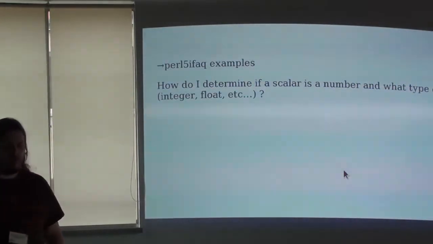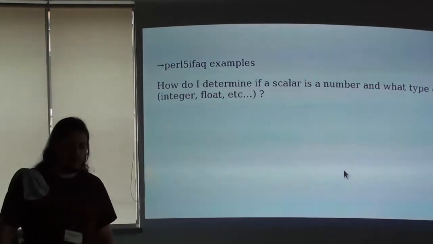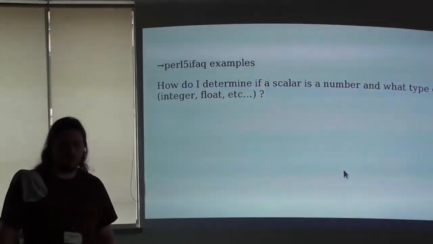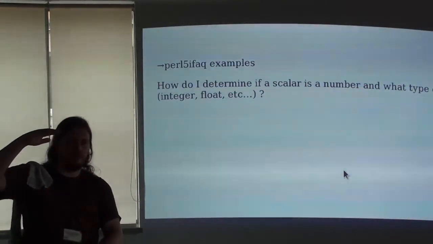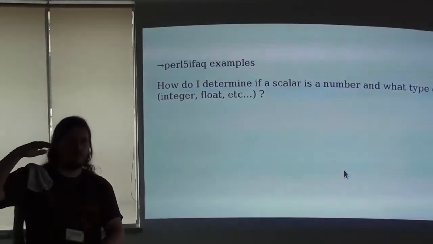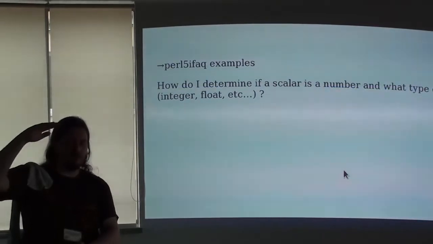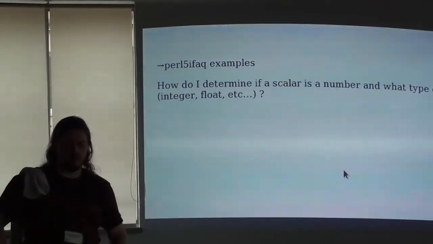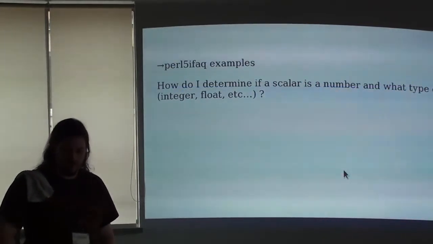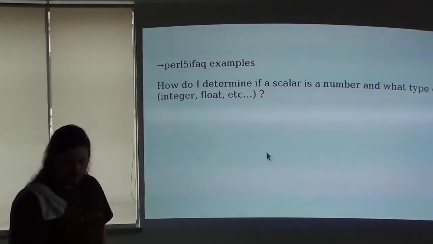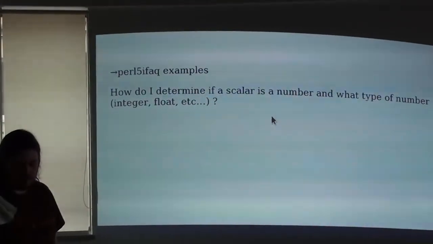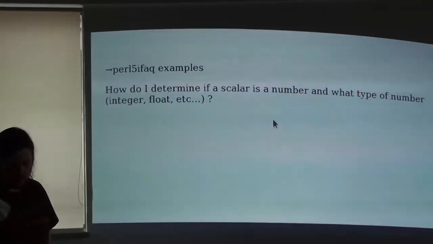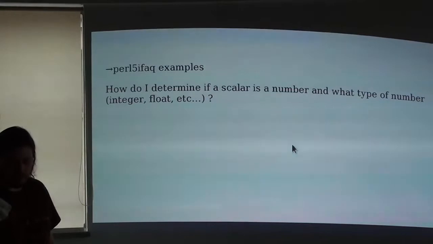And a lot of the Perl FAQ has been ported to Perl5i, where before it said, to achieve what you want to do, you have 3 different ways to do it, and here's how you could possibly achieve it. And I want to pick out one example. For example, somewhere in there is the frequently asked question, how do we determine whether what I have is a number or not?